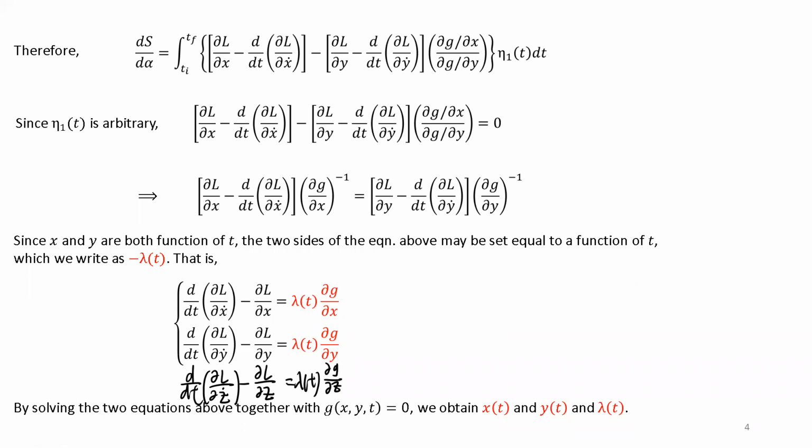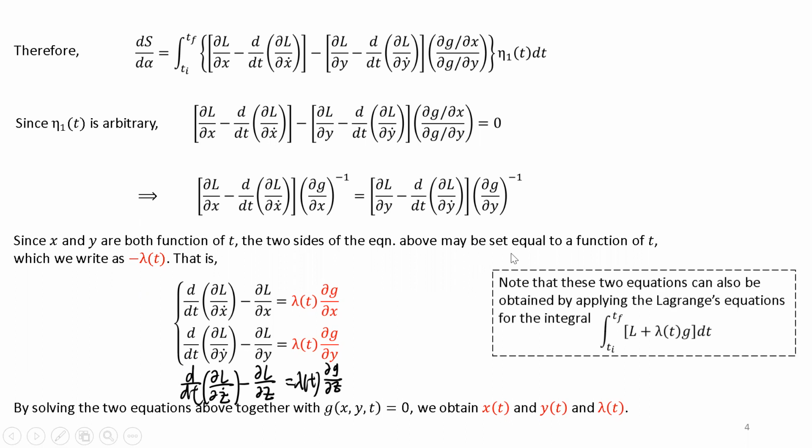And now, one thing is that to obtain this equation, right? So this is a simple proof. Okay, so but it can also be shown that if you just forget all the derivation here.